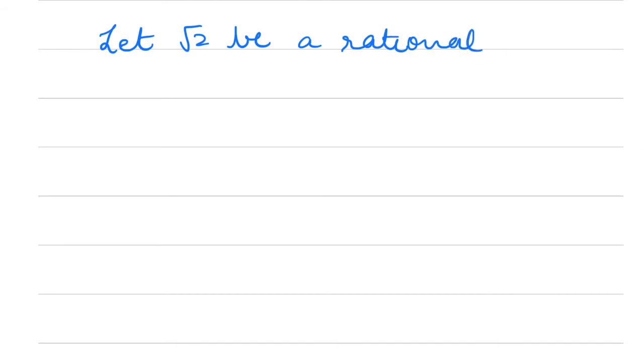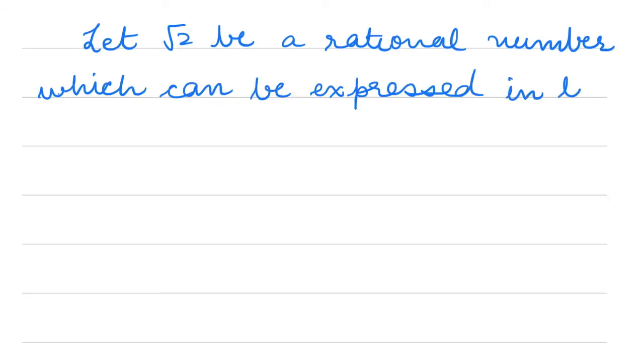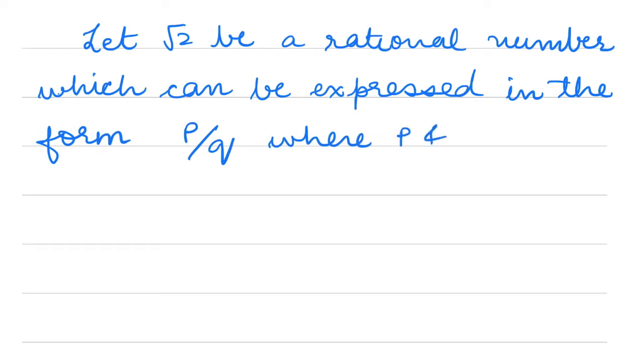To prove that root 2 is irrational, we are going to use the contradiction method here. So we can say let root 2 be a rational number which can be expressed in the form P by Q, where P and Q are co-prime integers.